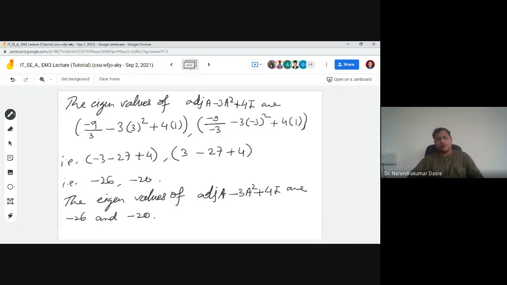Okay, so this way we need to use the basic properties of eigenvalues, and we are able to get the eigenvalues of any polynomial. So how many of you got this answer?